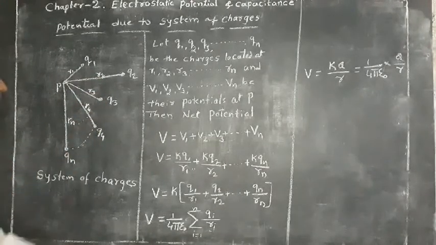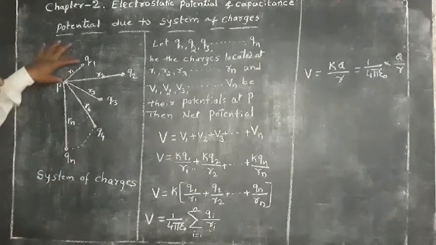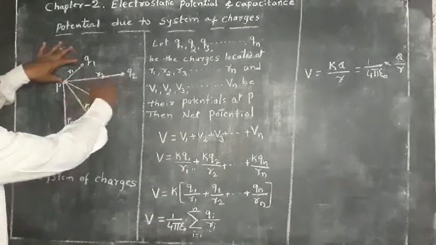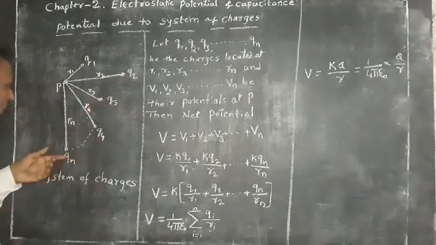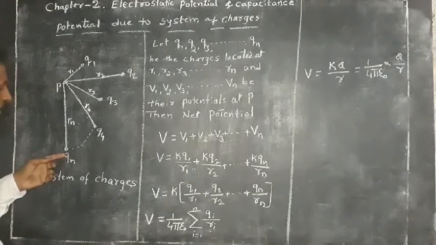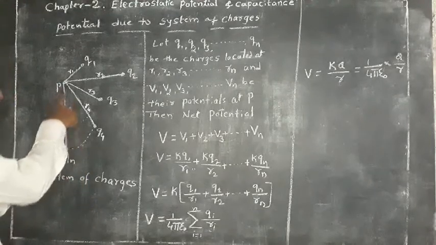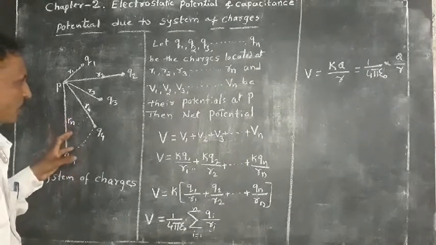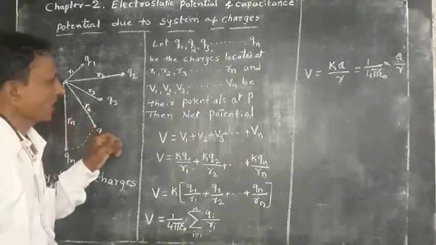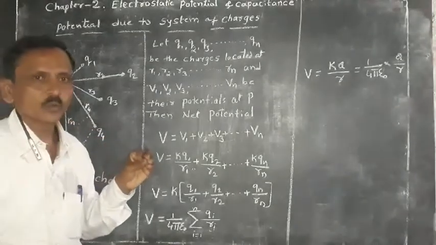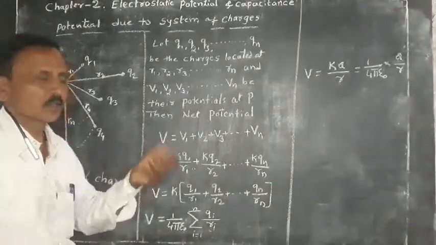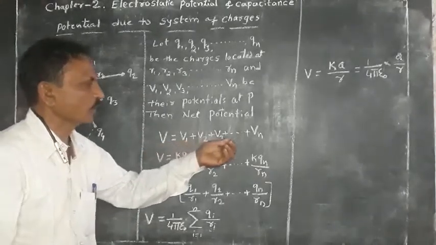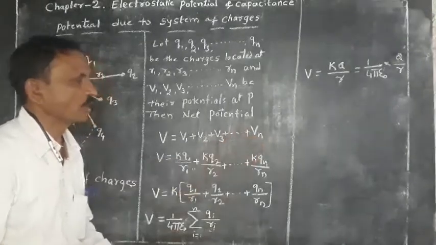Then Phi1 is the potential at P due to charge Q1, Phi2 is the potential at P due to charge Q2, and so on up to Phi n due to charge Qn. Thus, the net potential at a point due to a system of charges is Phi equal to Phi1 plus Phi2 plus Phi3 plus so on up to Phi n.